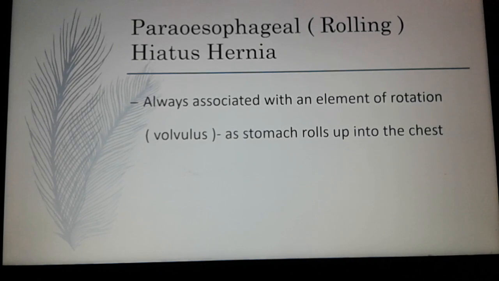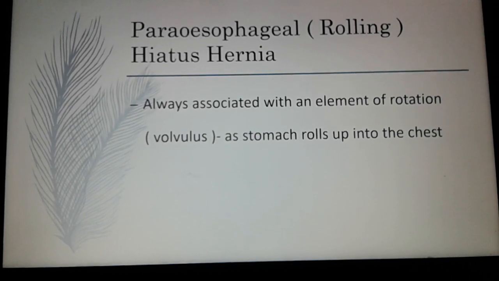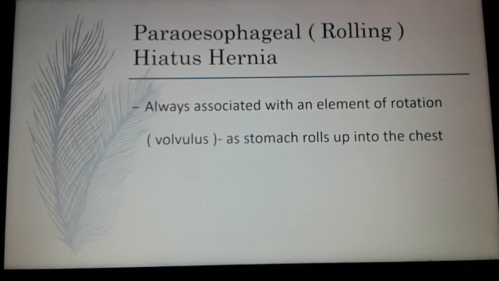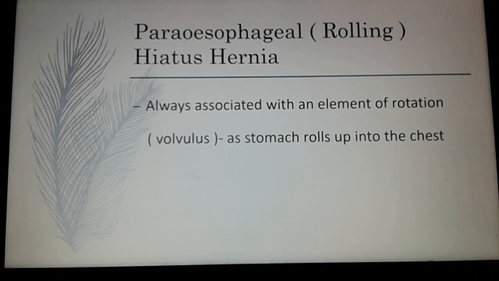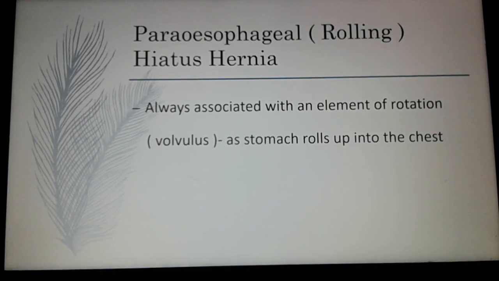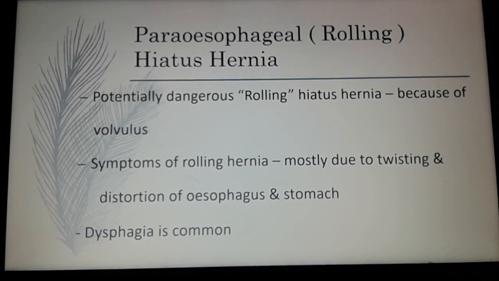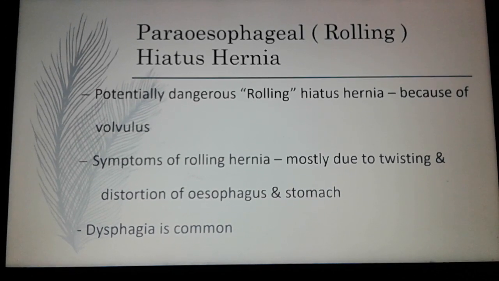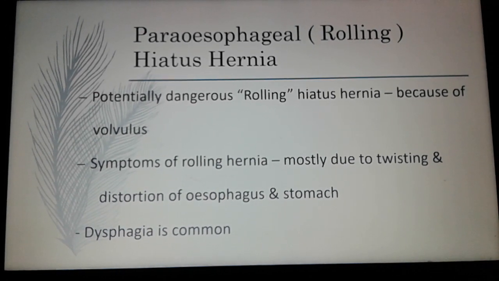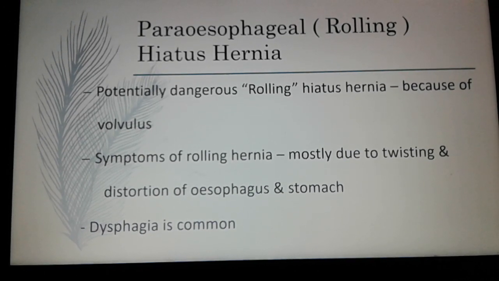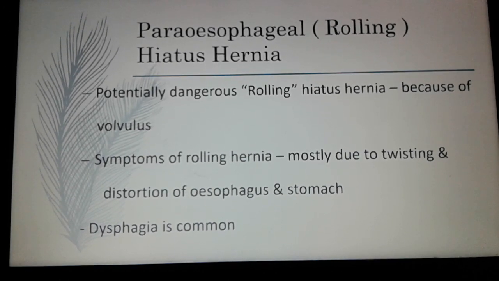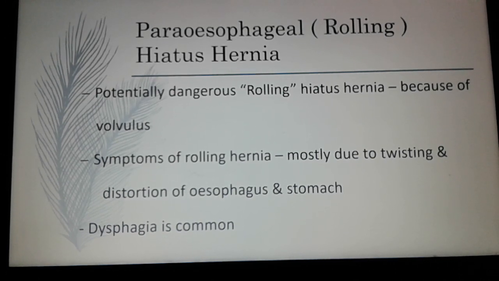As the stomach rolls up into the chest, it may present as a volvulus of the stomach as content. Almost always associated. And that's why this is potentially dangerous to the patient. This is the reason why rolling type hiatus hernia is dangerous, the presence of volvulus.